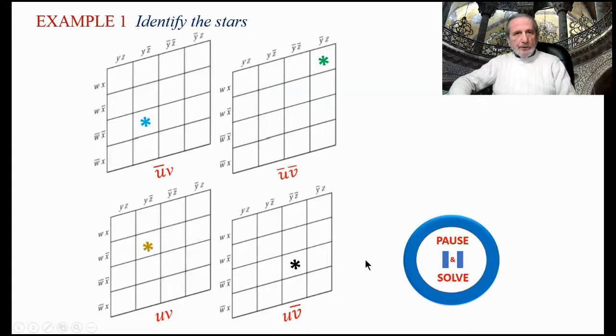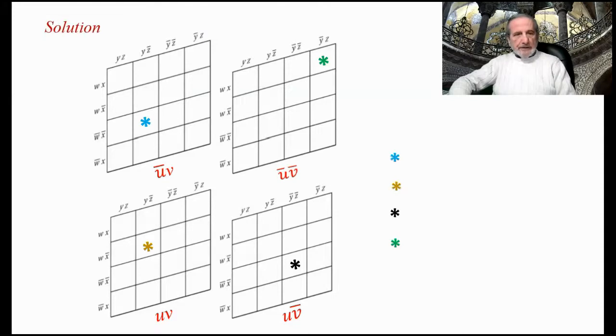Now I want you to identify the stars, and every time you see this icon, you pause the video so you can solve the problem and come back and check your answer. So you see here, this one here is u bar v, w bar x bar, y z bar.